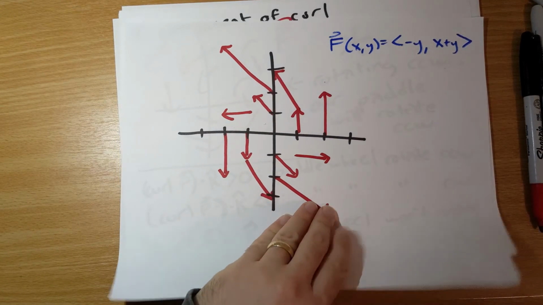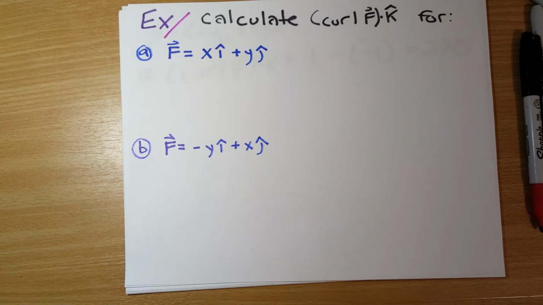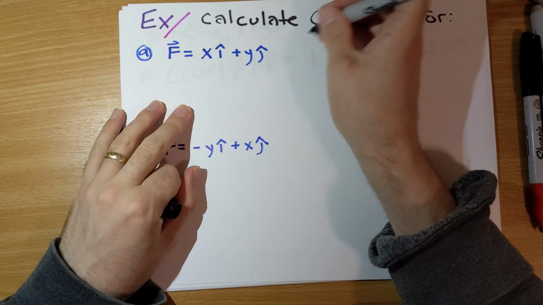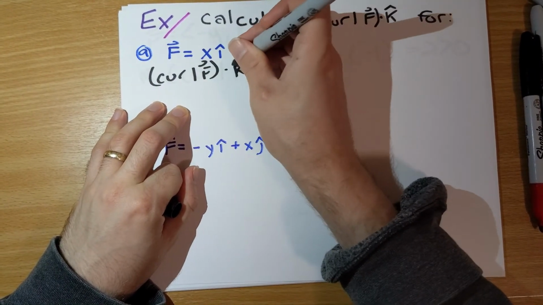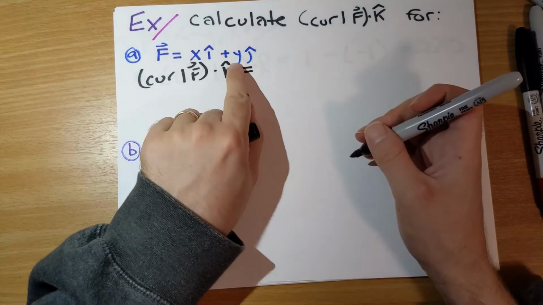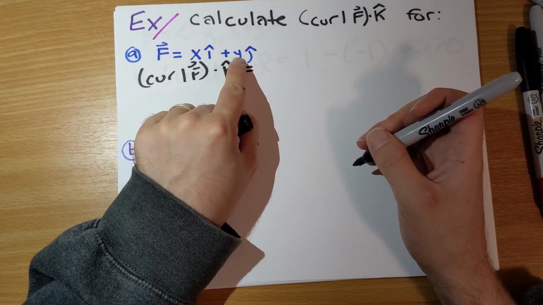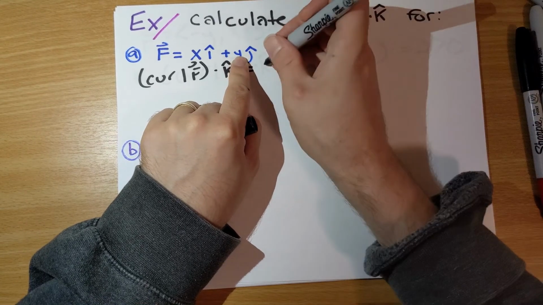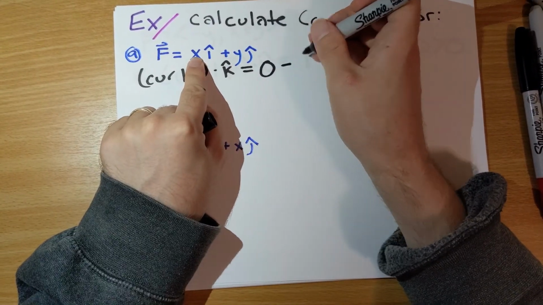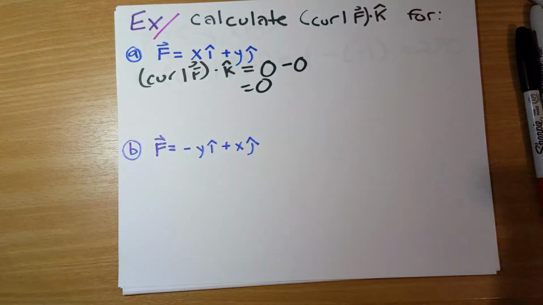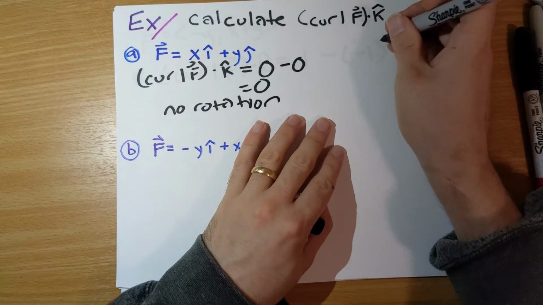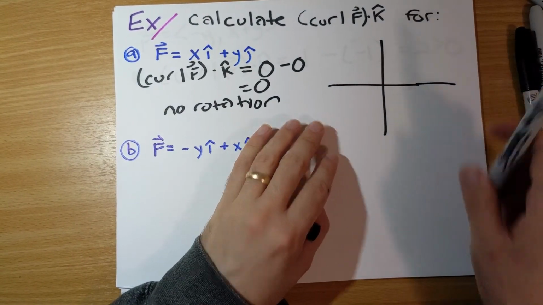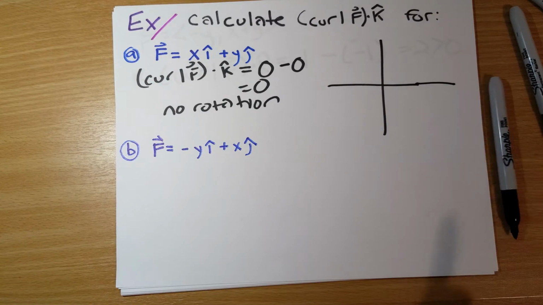A couple more examples here. Calculate curl F dot k for F equal to x i hat plus y j hat. Curl of F dot k is the partial derivative of n with respect to x, that's 0, minus the partial derivative of m with respect to y, that's also 0. We get 0, there's no rotation. So what does this vector field look like?